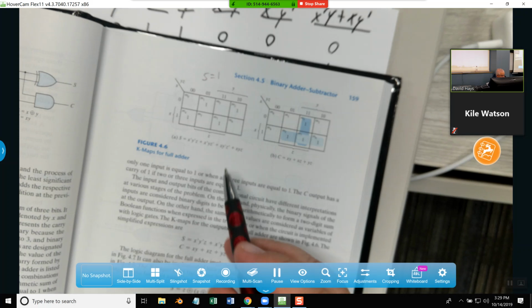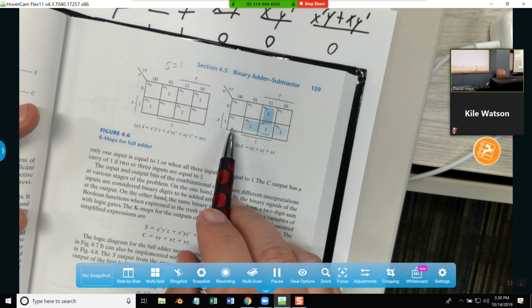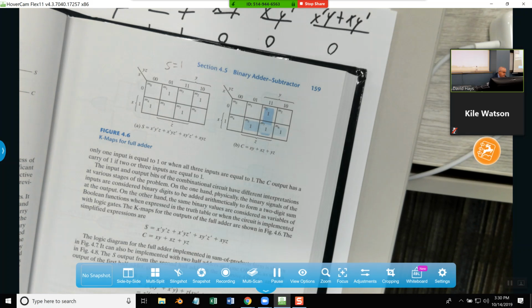This is XZ, which is that one. This one is YZ, which is that one. Then this is XY, which is that one. Okay. So that's where they get all those.